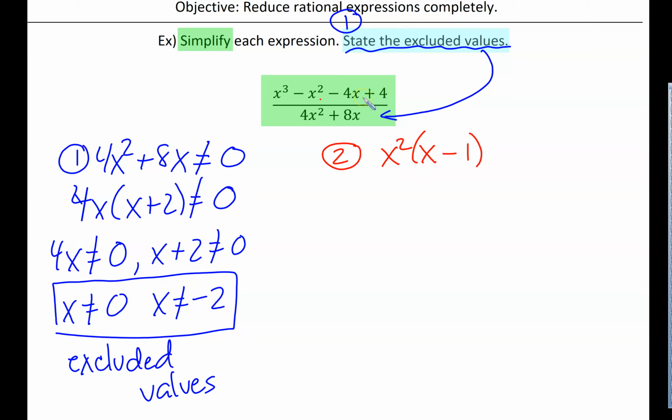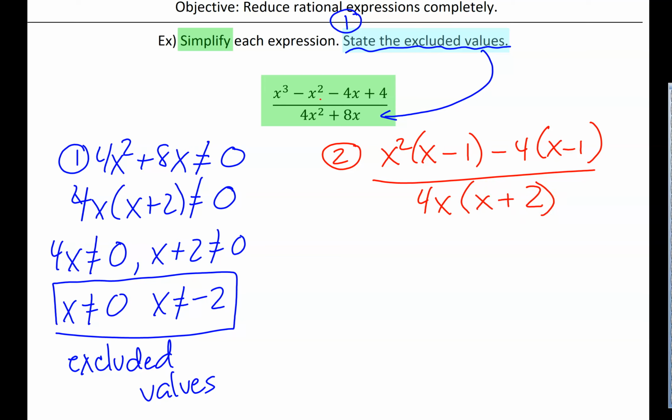And then my second 2 terms, I want to use a GCF of -4, and that would then also be x minus 1. My denominator, I've actually already talked about its factoring here when I figured out my excluded values. And so I get GCF of 4x, and that gives me then x plus 2.